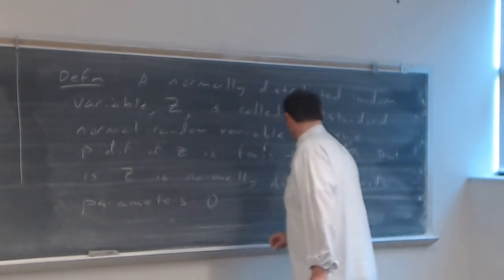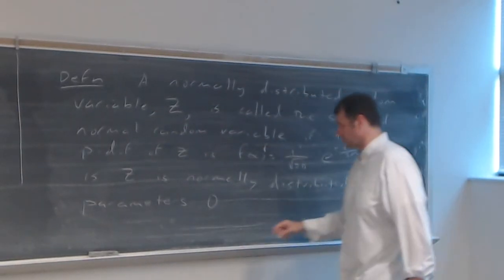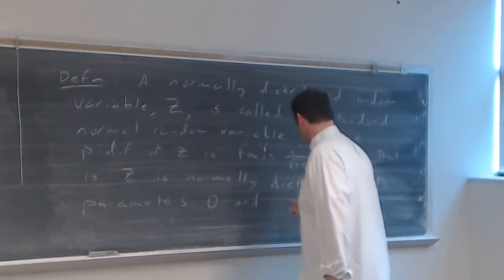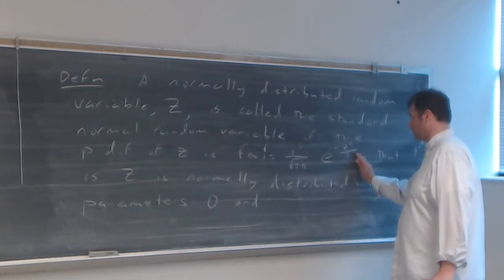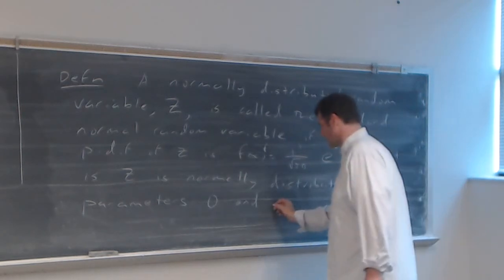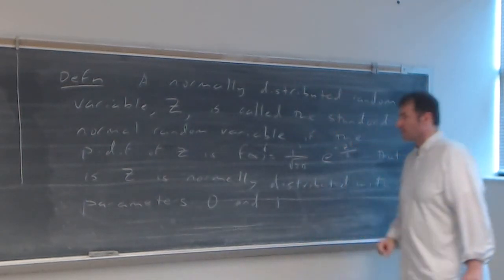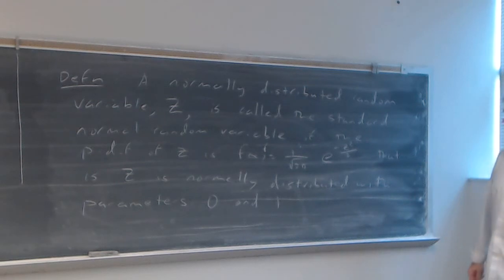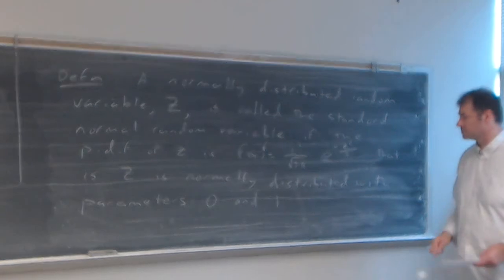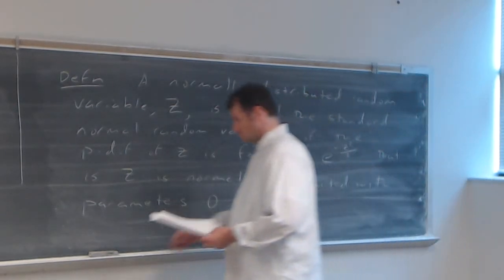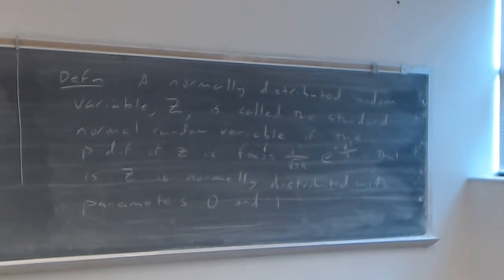The mu in this case is 0, so it means the expected value of z is 0. And sigma squared, well, I made a mistake here. It's just 1. Okay? Sigma squared is equal to 1. Those specific numerical values for mu and sigma squared.